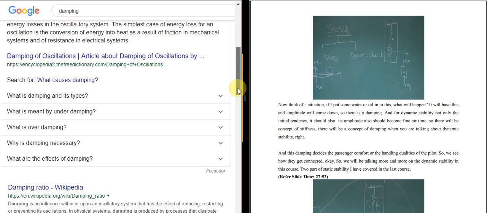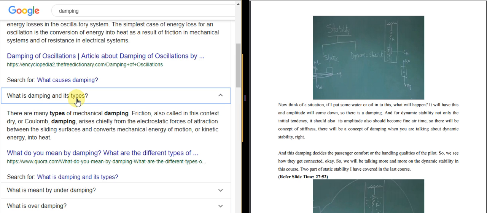What is damping and its types? There are many types of mechanical damping. Coulomb friction damping arises chiefly from the electrostatic forces of attraction between the sliding surfaces and converts the mechanical energy of motion, or kinetic energy, into heat.